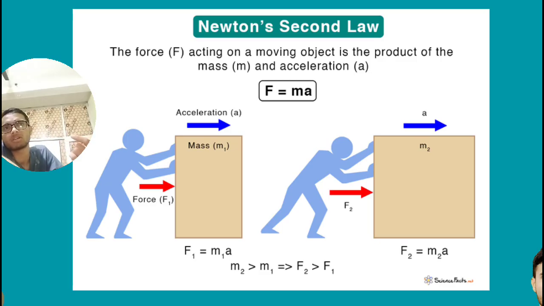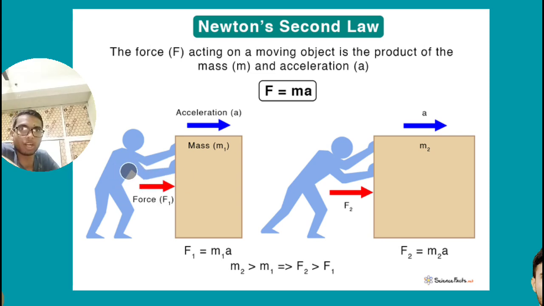But if the mass of an object in front of you is more, then what will you do? Of course your mind would say let's apply more force, then the object will move. So if the mass of an object is more, you will have to apply more force. If the mass is less, you need to apply less force according to requirement. Clear?